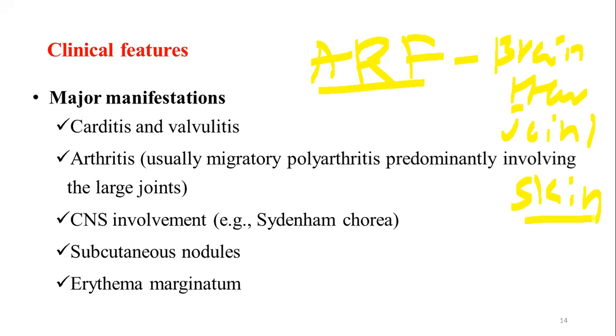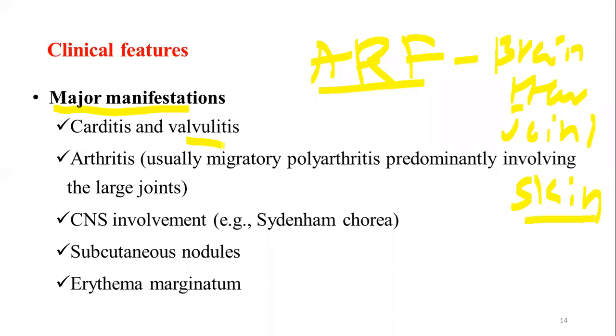The clinical features are classified into two broad categories: the major manifestations and the minor manifestations of acute rheumatic fever. So what are the major manifestations? The major manifestations are carditis and valvulitis, inflammation of the layers of the cardiac tissues and the valves.